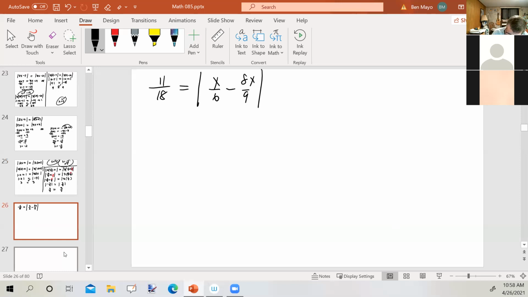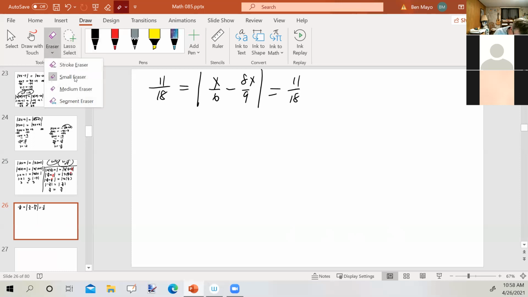So I'm going to rewrite this whole thing. Okay, so it's the same equation. I just put my absolute value on the left.